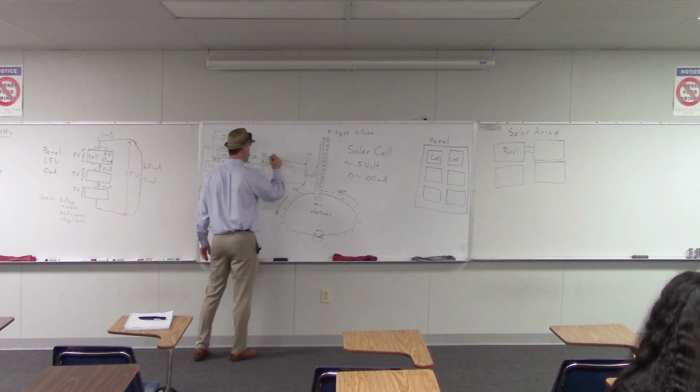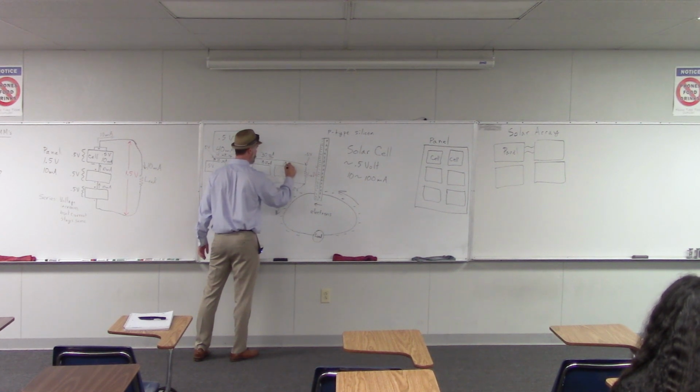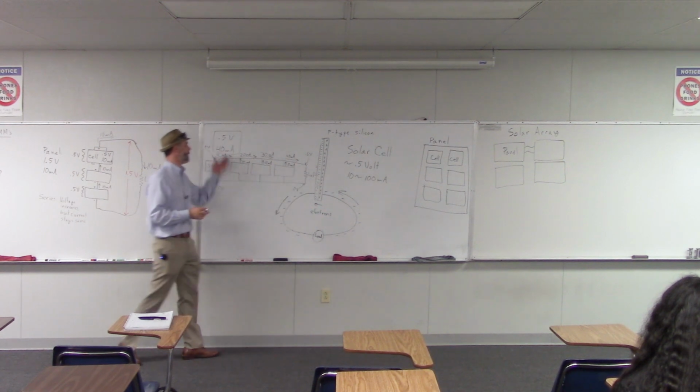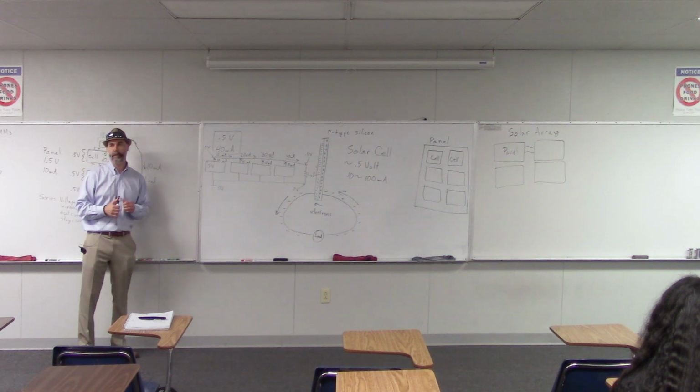And then we have a final 10 milliamps coming out of this last cell. So that gives us 40 milliamps there. And that's what flows through our load. So that's how we get the 0.5 volts and 40 milliamps. Okay?